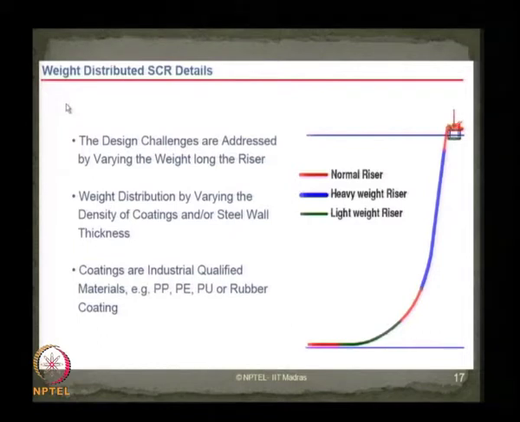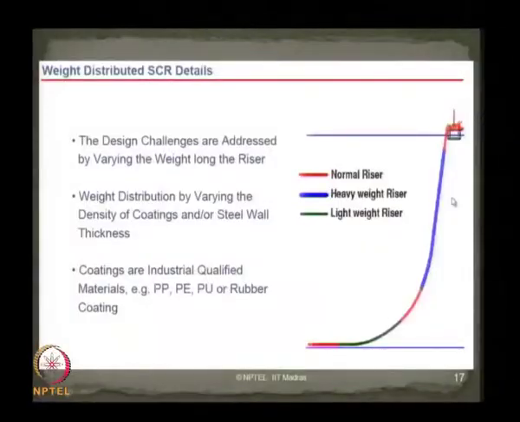Therefore, there is something called weight distributed steel catenary riser detail, which is generally done in case of deploying it to overcome the design challenges you saw in the last slide. This is a typical case where different kind of weight distribution has been applied along the profile of the riser.